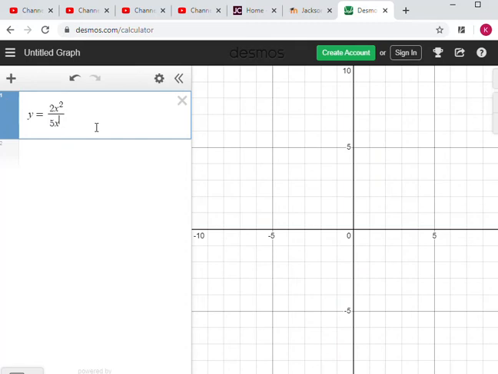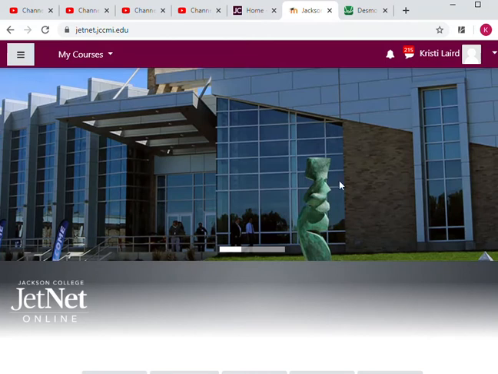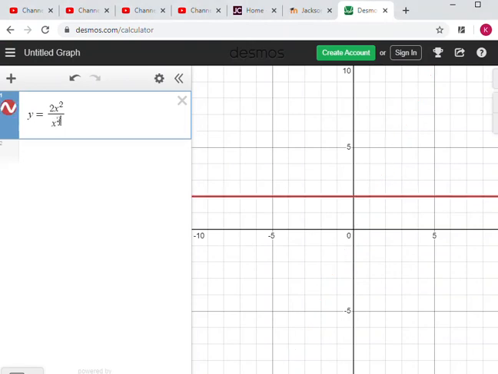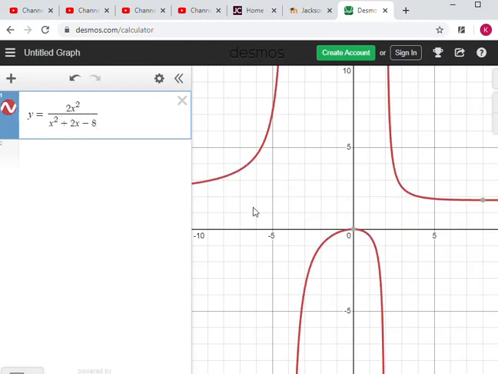And my denominator is x squared plus 2x minus 8. There we go. So you can see here at -4, it appears that that vertical asymptote is showing.